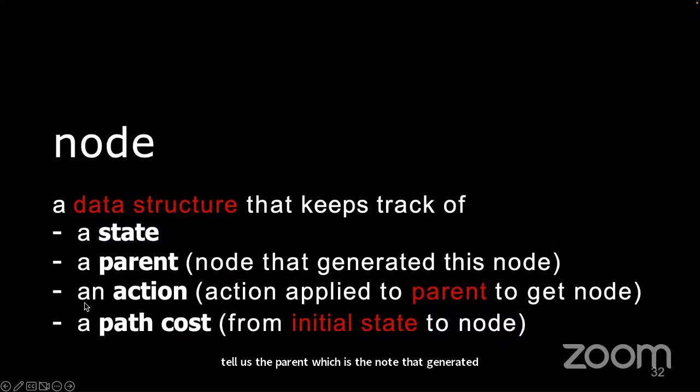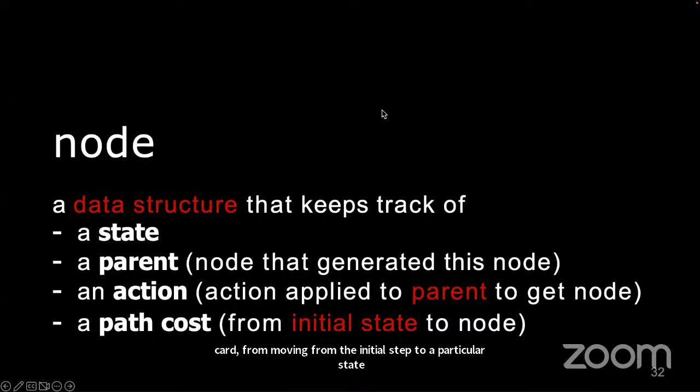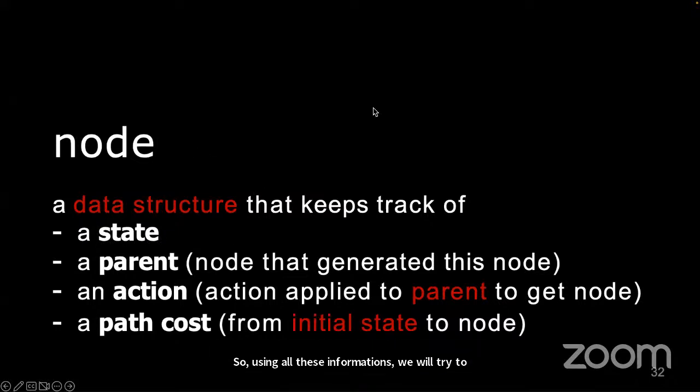It also needs to store the action that resulted in this state from its parent state. And it also stores the path cost, which represents the cost incurred from moving from the initial state to a particular state. Using all this information, we will try to develop some algorithms for solving such a problem.